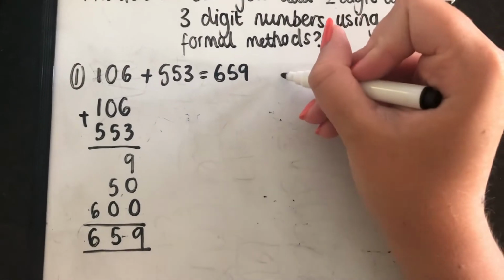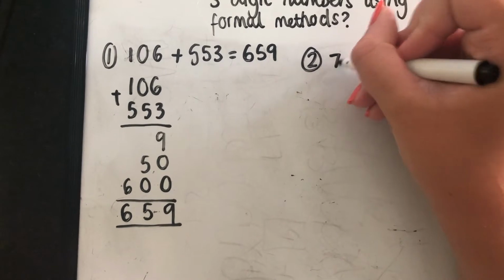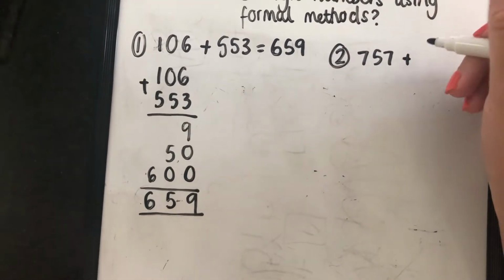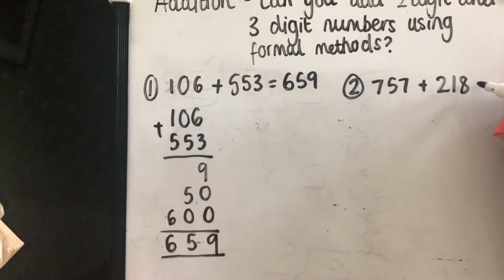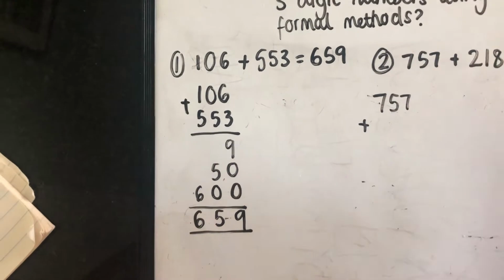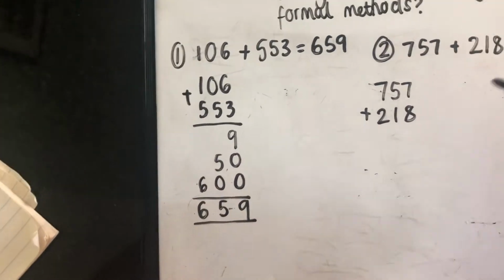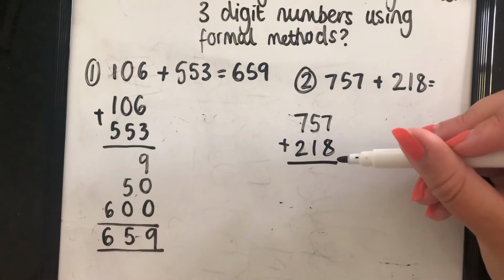So, number 2, we're doing 757 add 218. So 757 on top and then 218. Gonna add them up. 7 add 8.